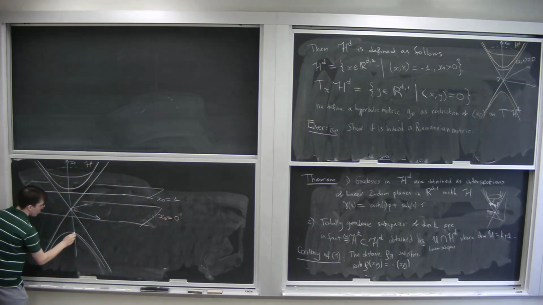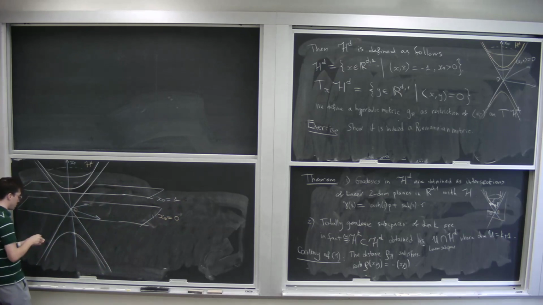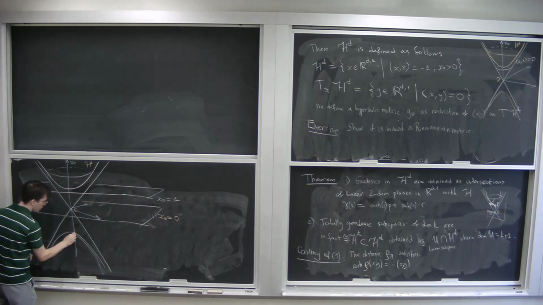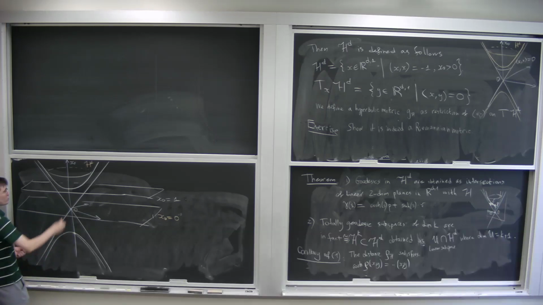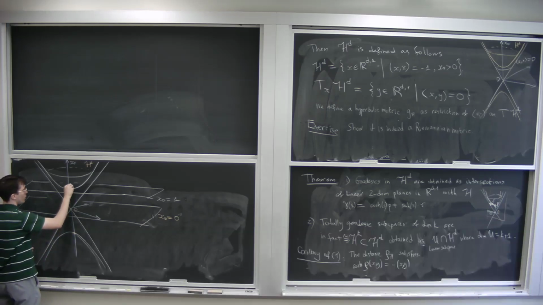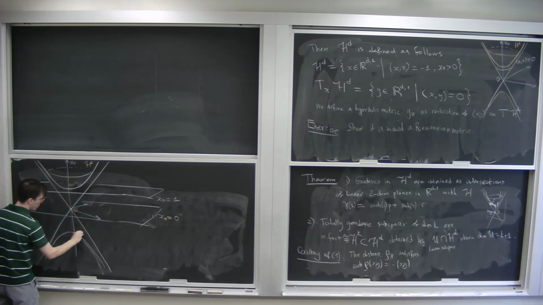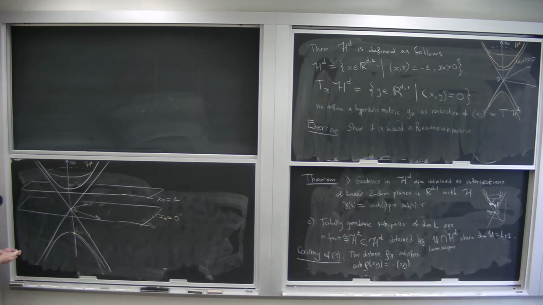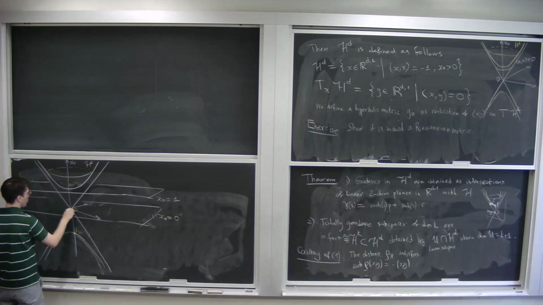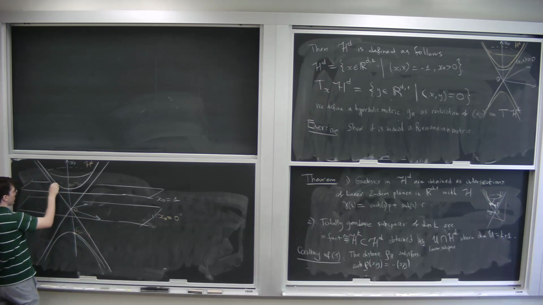These two points are important for us. This is the point (1, 0, ..., 0), and this is the point (-1, 0, ..., 0). Okay, so the first model is obtained as a central projection from the origin.